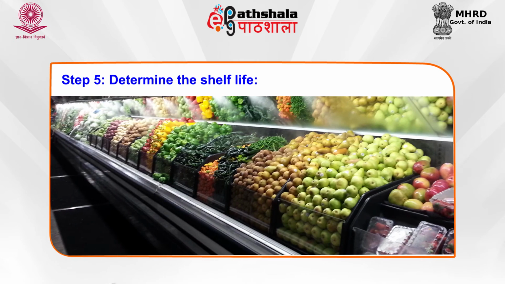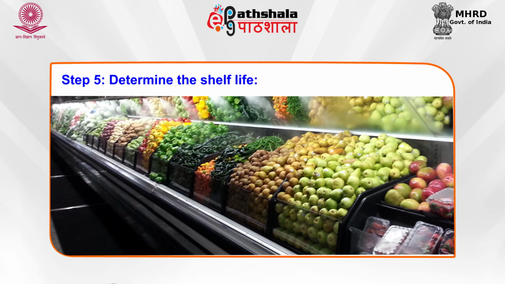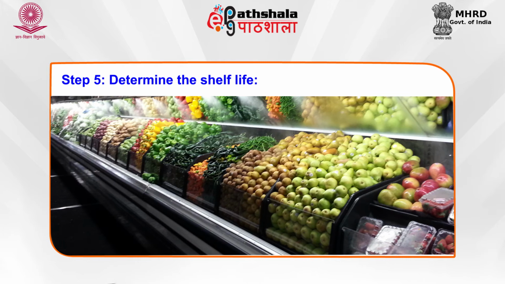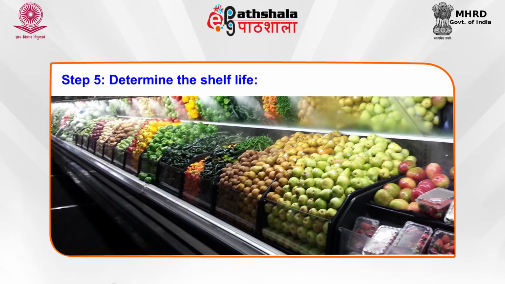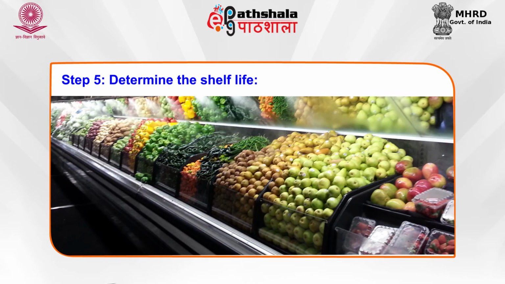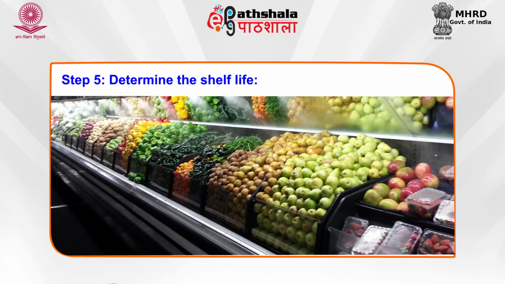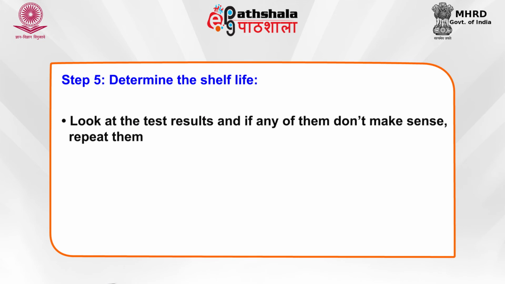Eventually, a point is reached when the product no longer meets the quality standard. Using all the information you have recorded and observed, decide how long the product can be kept and still be of acceptable quality and safety. Look at your test results and if any of them don't make sense, repeat the shelf life study.